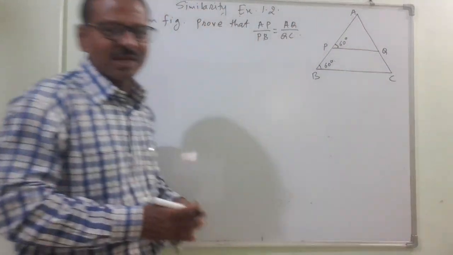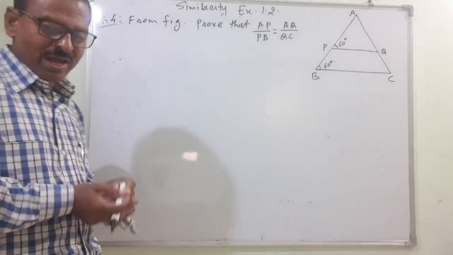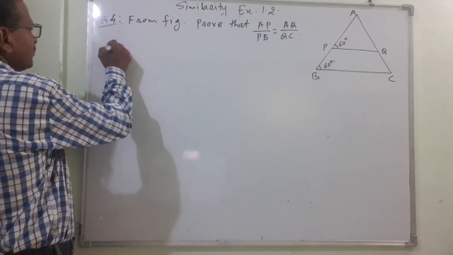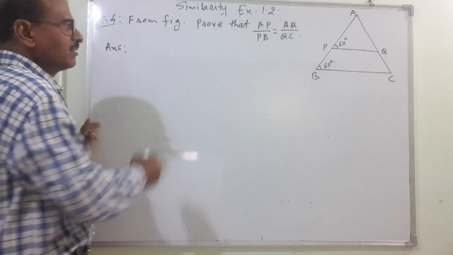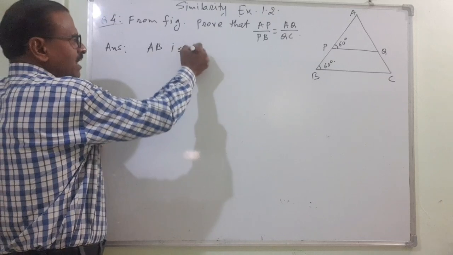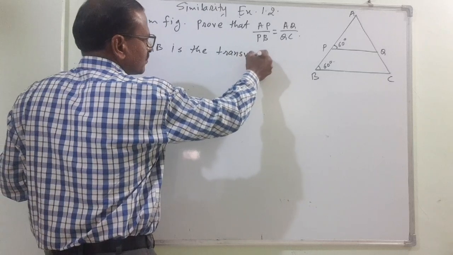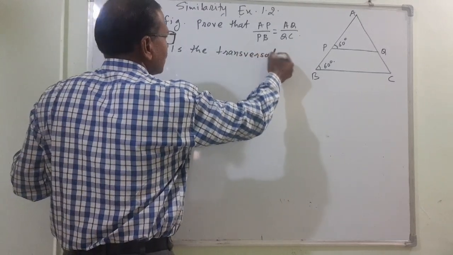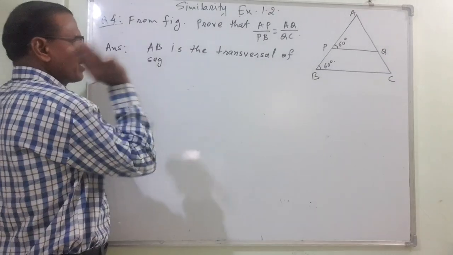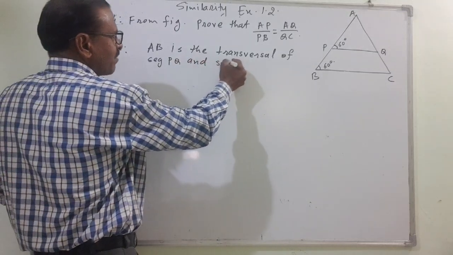Most of those students understand the answer, but they don't find the way to write it properly. So first of all, answer: AB is the transversal of segment PQ and segment BC.